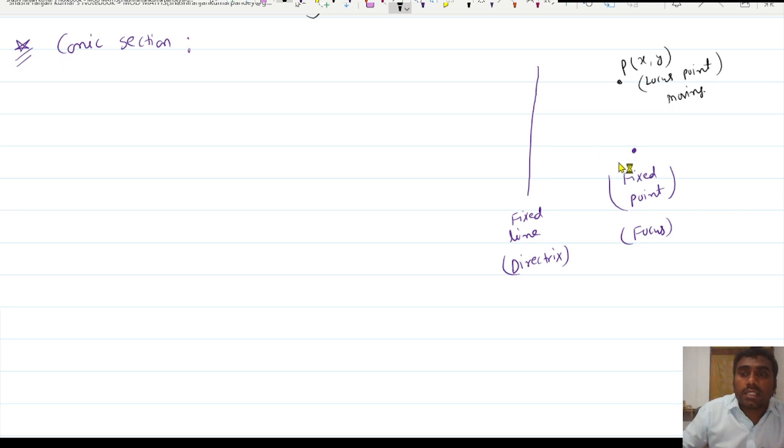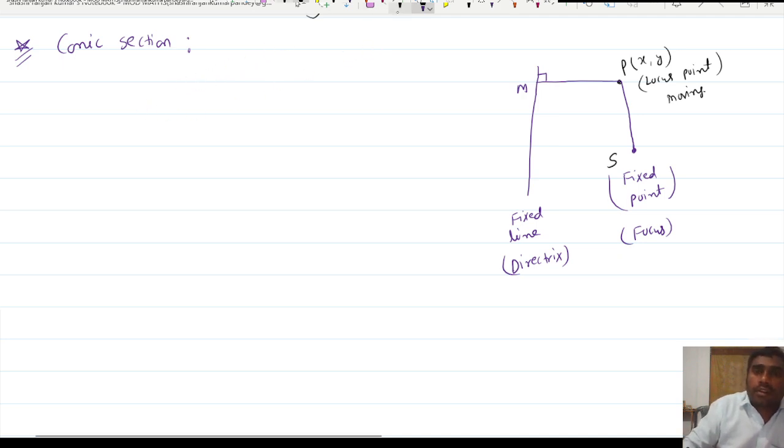So what is the condition? Let us suppose this is your S, P, and the condition is that the ratio of the distance from this fixed point to the moving point and from the moving point to the fixed line is always constant, right?